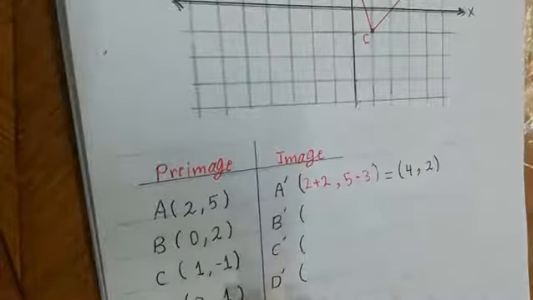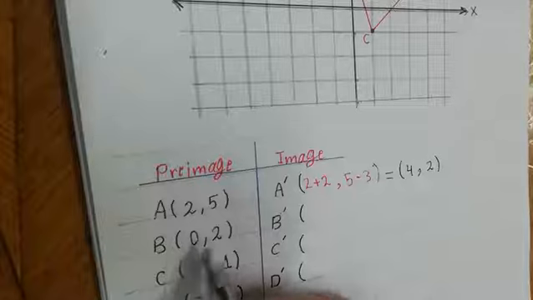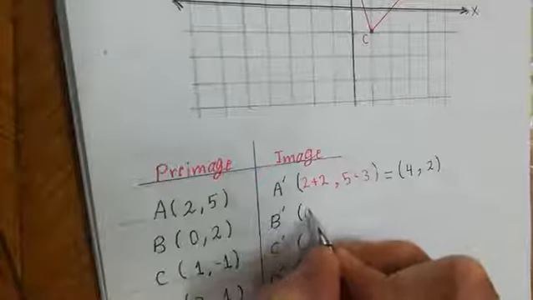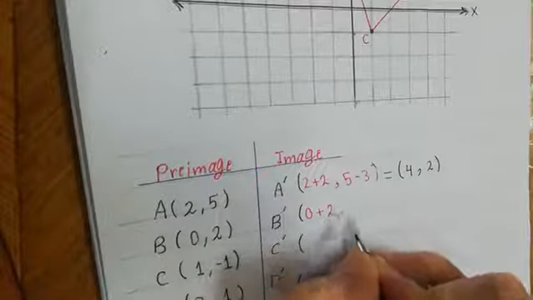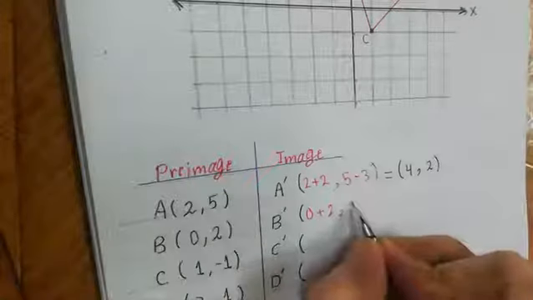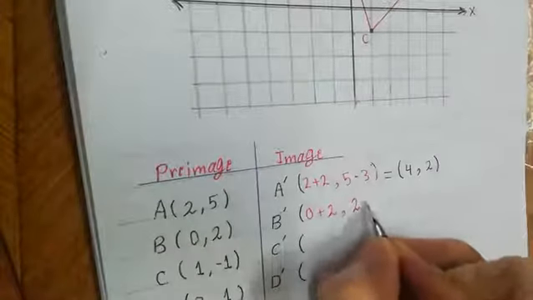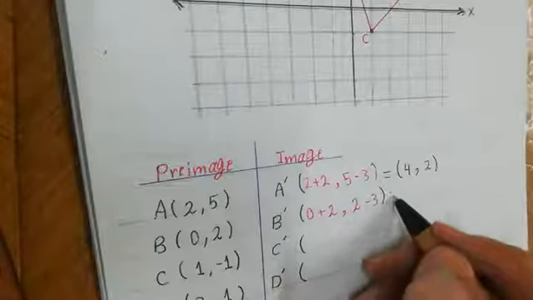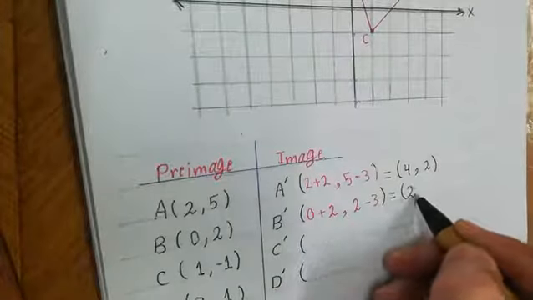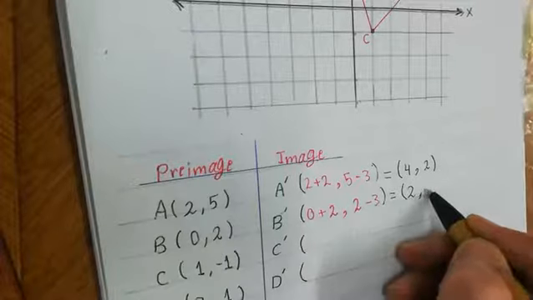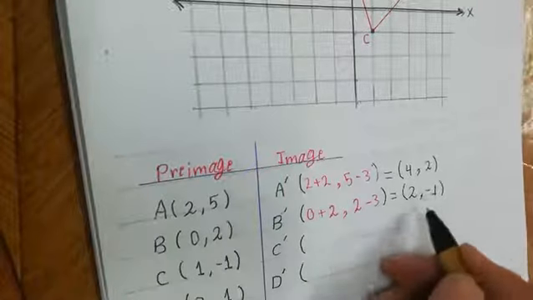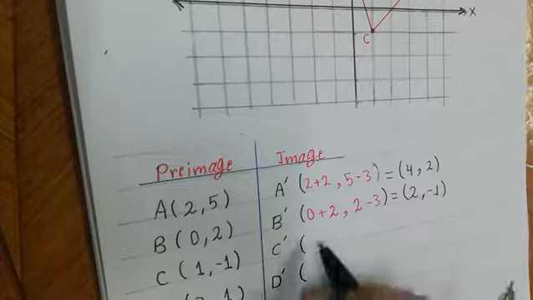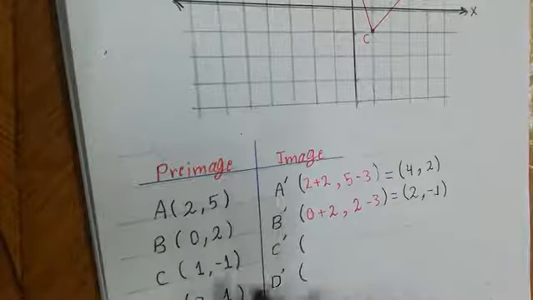The second one, B dash: for the x I will add 2, and from the y, 2, I will subtract 3, so it will be (2, -1). This is the image for vertex B, which is B dash.